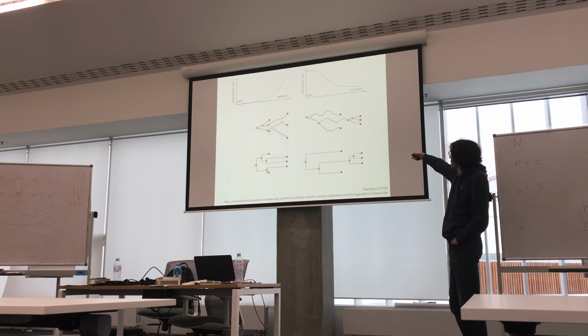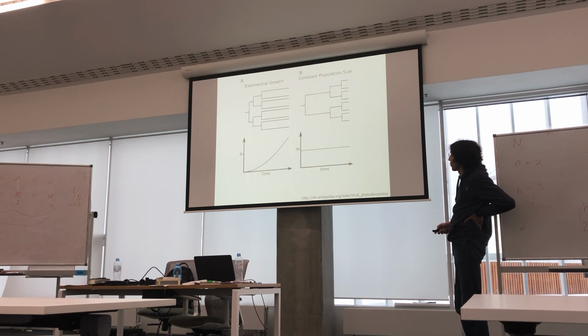By contrast, if the branches near the tips, near the leaves, are disproportionately short, you were coalescing very rapidly in recent history, but you were coalescing slowly in more and more ancestral populations.